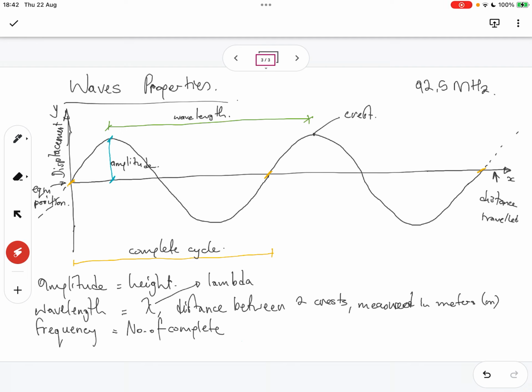Then you have 3 complete cycles. So that 3, if it happens over a certain amount of time, that's the frequency. So number of complete cycles passing a specific point per second.